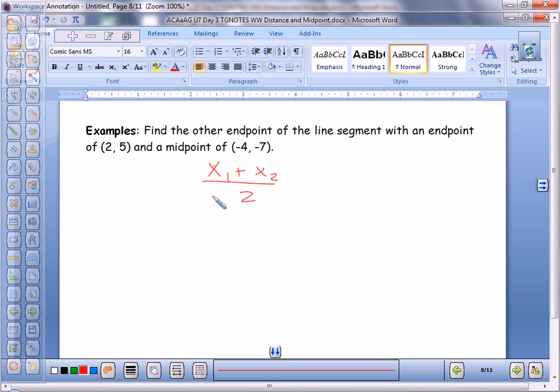If I think about this formula, when I add up my x's and divide by 2, don't I get the x at the midpoint? So I know one of my x's is 2. I don't know the other. But I know when I divide by 2, I get the x at the midpoint. When you add up your x's and divide by 2, you get the x at the midpoint.